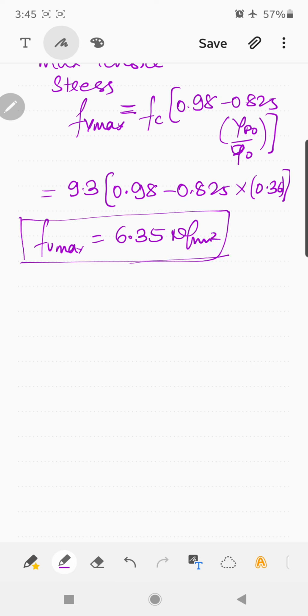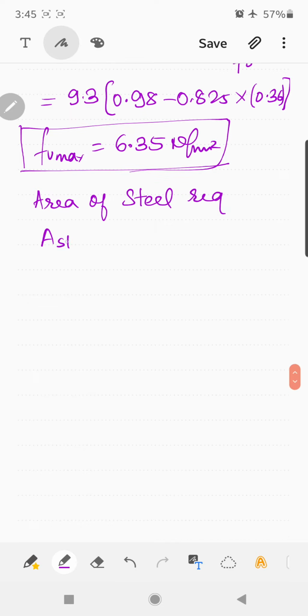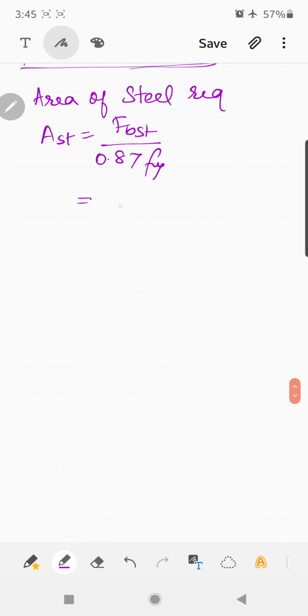Now you know the FBST value. With that FBST value, you can calculate the area of steel. Area of steel required, AST, is equal to FBST divided by 0.87 Fy. In this problem Fy is not mentioned, so I will take it as 250, a mild steel.